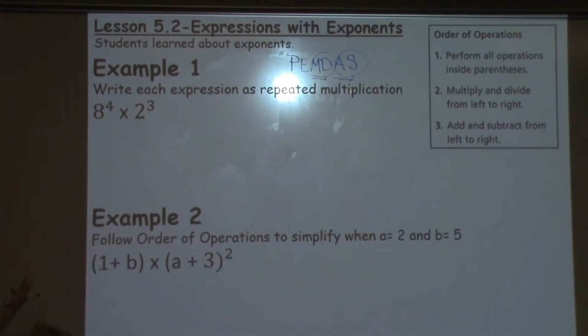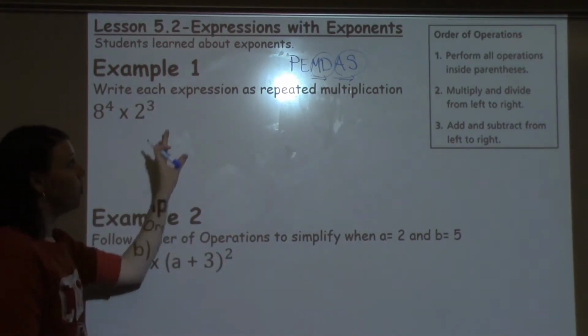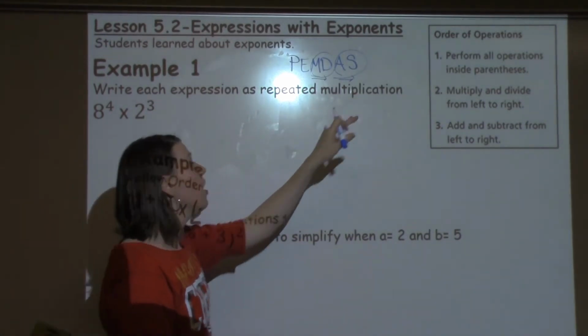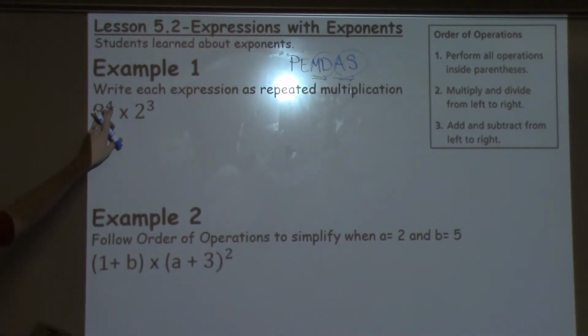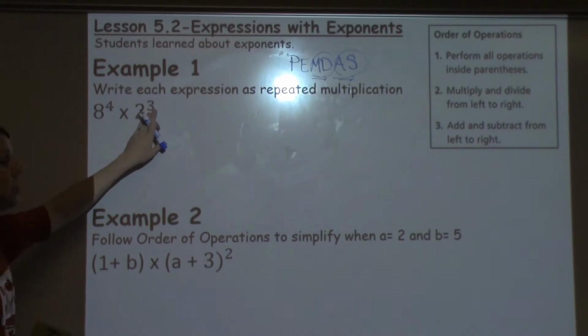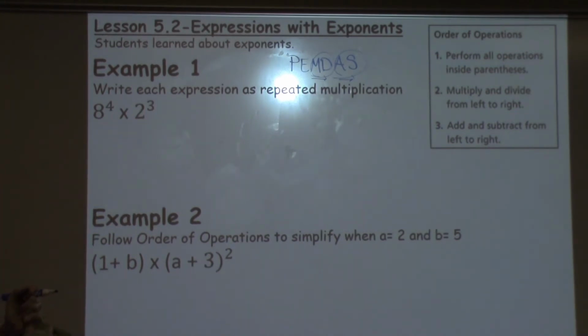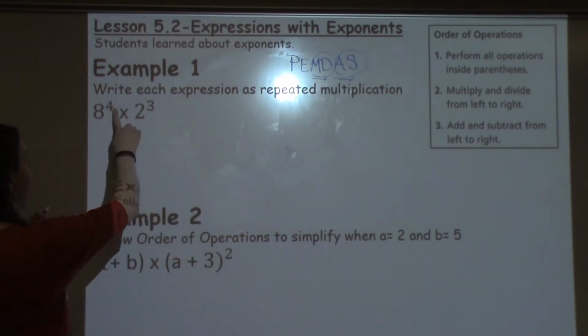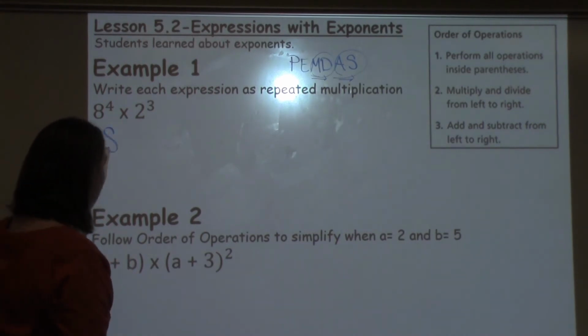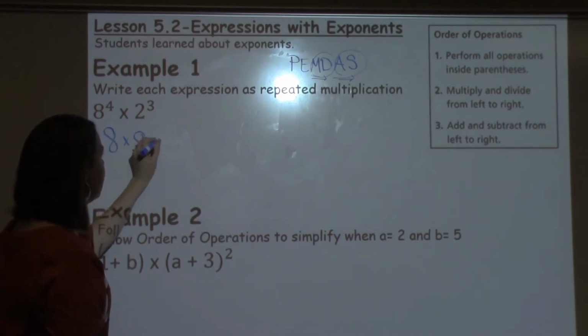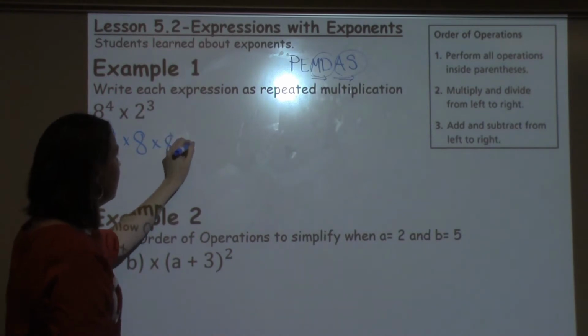All right, so for example number 1 says write each expression with repeated multiplication. So we've got 8 to the 4th power times 2 to the 3rd power. The very first thing I need to know is this 8 to the 4th power is just saying 8 times 8 times 8 times 8.